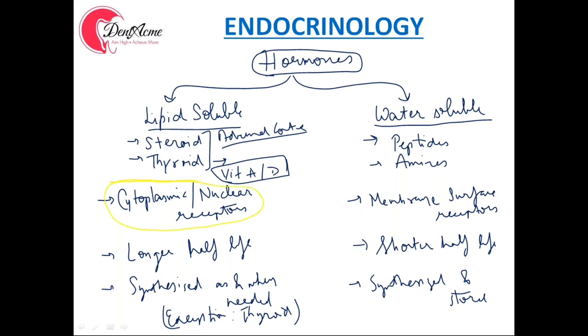The lipid soluble hormones have cytoplasmic or nuclear receptors. That is, they go inside the cell and have a receptor in the cytoplasm, and along with the receptor they bind to the nucleus, or they have a receptor on the nucleus.